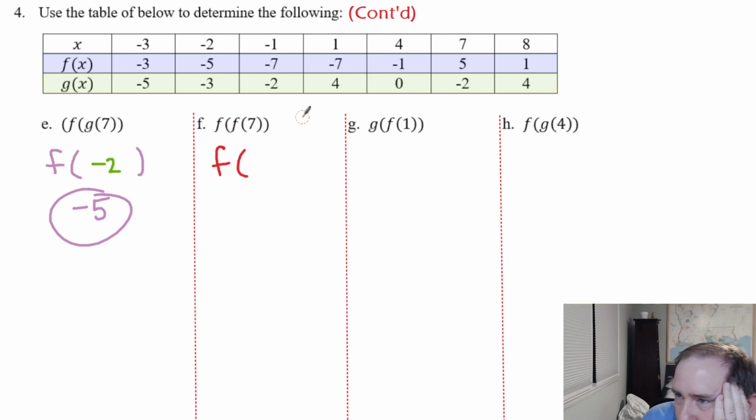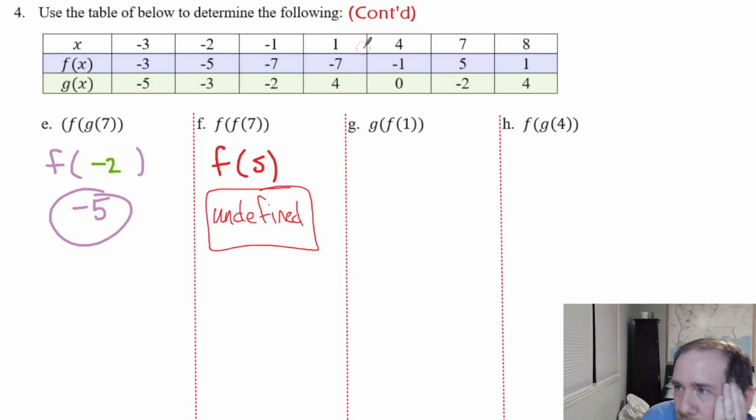All right, what is f of 7? Let's see. f of 7, 7 gives 5. So I guess f of 7 is really f of 5. So I find the 5. Oh, there's no 5. What on earth could I do? Well, we're undefined then. Because you're not supposed to just extrapolate some value.